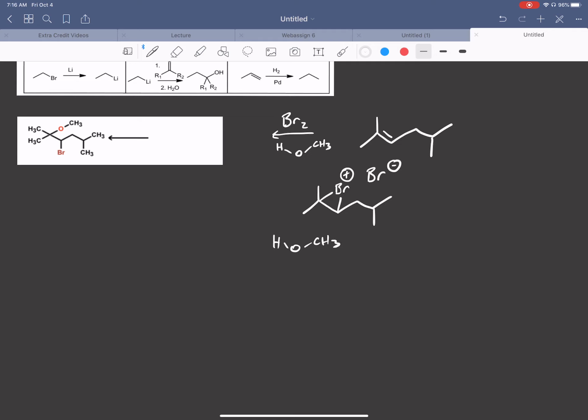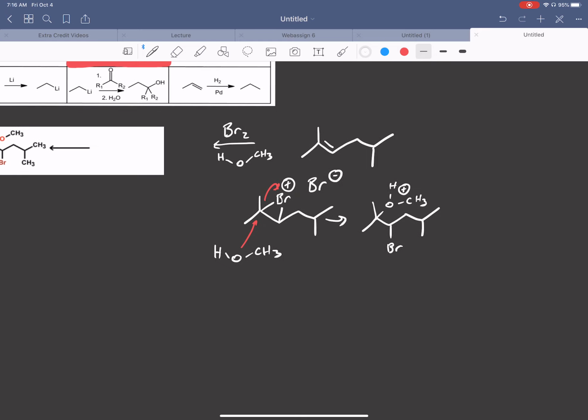Now remember, the HOCH3 is a solvent, and it attacks the most substituted carbon, right? Giving us this structure. Right? And then obviously we'd have to deprotonate it.